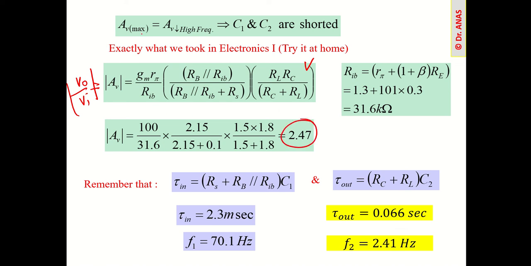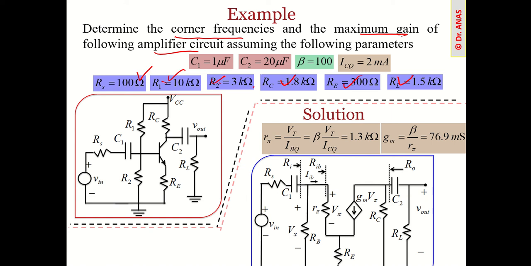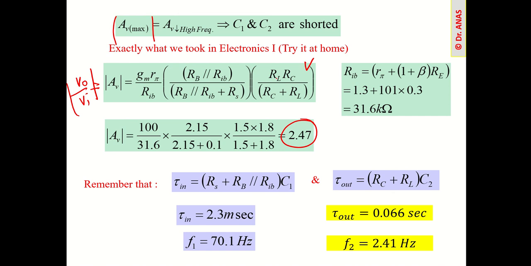There is a trick. If you want to get the maximum value, you can basically remove the capacitors. If you have series capacitors in your circuit, they will be short circuited, and if you have parallel capacitors, they will be open circuit. With these, you can get the transfer function, and that will give you the maximum gain value.